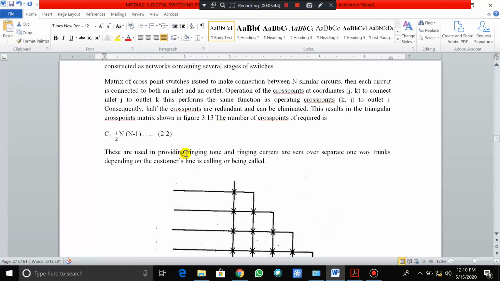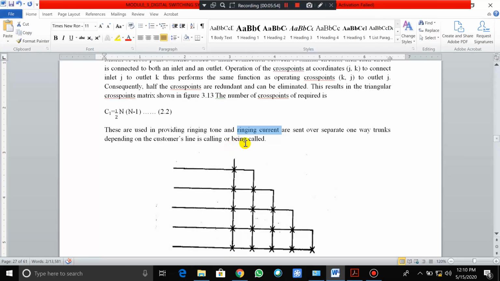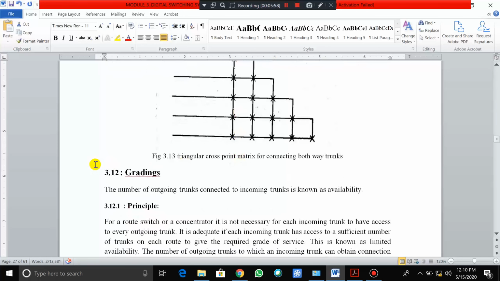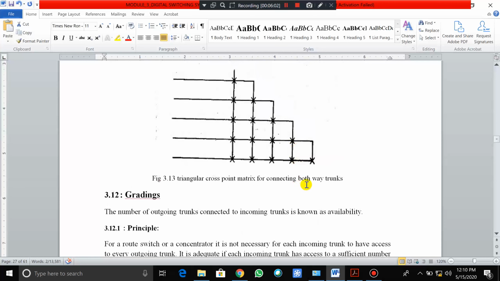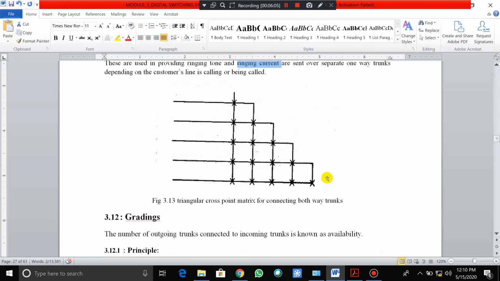These are used to provide the ringing tone, and ringing currents are sent over separate one-way trunks depending upon whether the customer line is calling or being called. Have you understood?